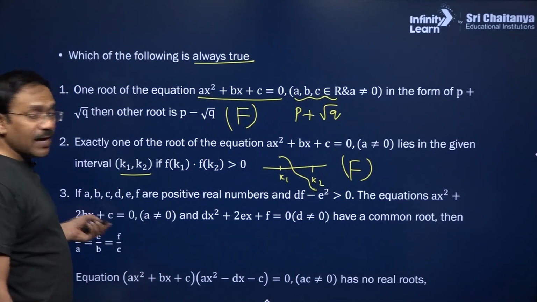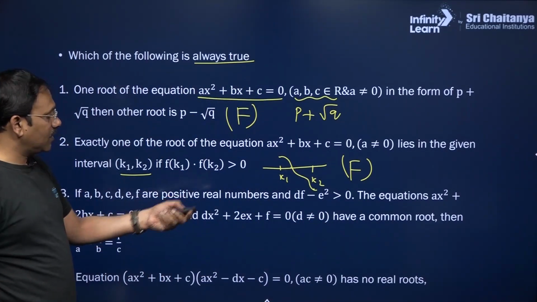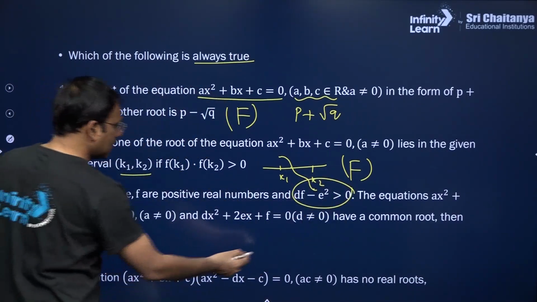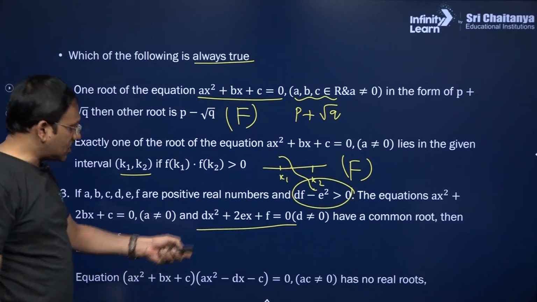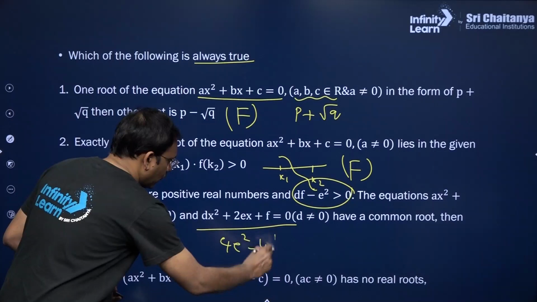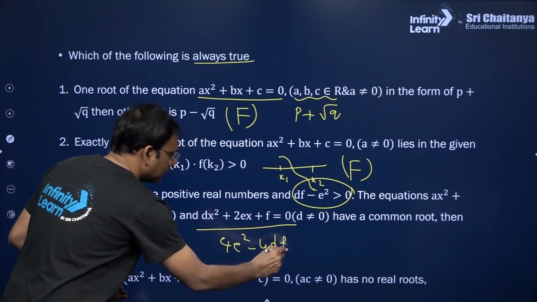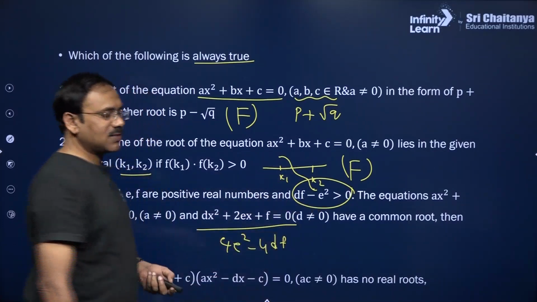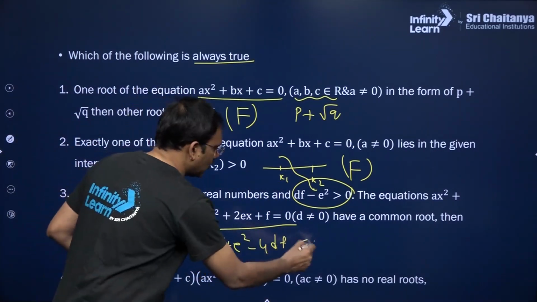Next, my dear friends, a, b, c, d, e, f are positive real numbers and df minus e square positive, he said, which are there in this quadratic equation. Arey yaar, you just find delta for this, b square minus 4ac. You just see 4 into e square minus df, given e square minus df negative, so delta negative, my dear friends.